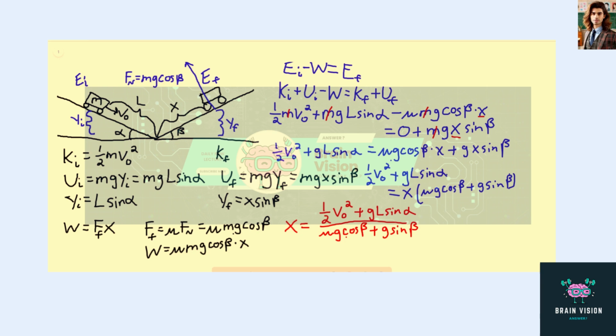So now if this problem gave you numbers, which it didn't, but if it had numbers for the initial speed v0 and for the length L and for the angles alpha and beta, we would be able to plug it in and get a value for x. But we haven't been given any numbers. We're just working symbolically this whole time.